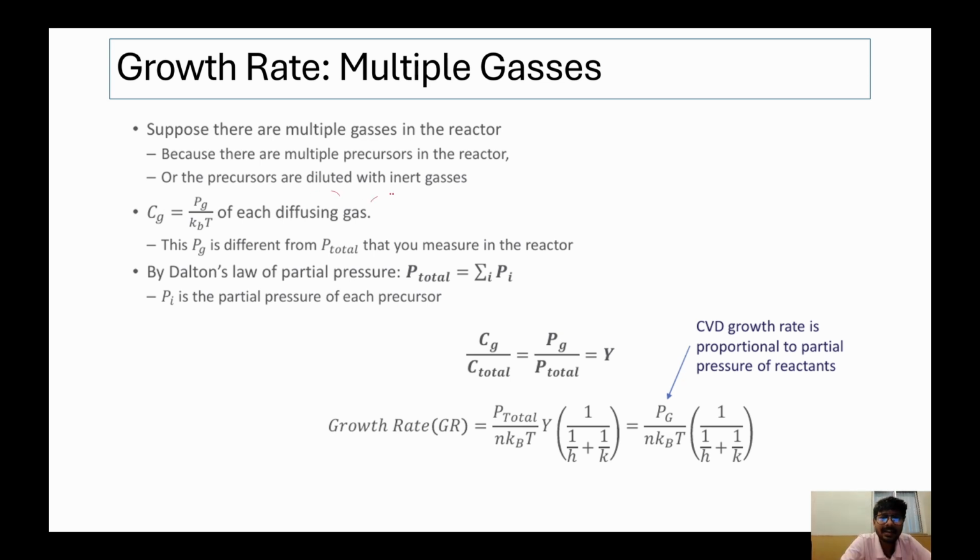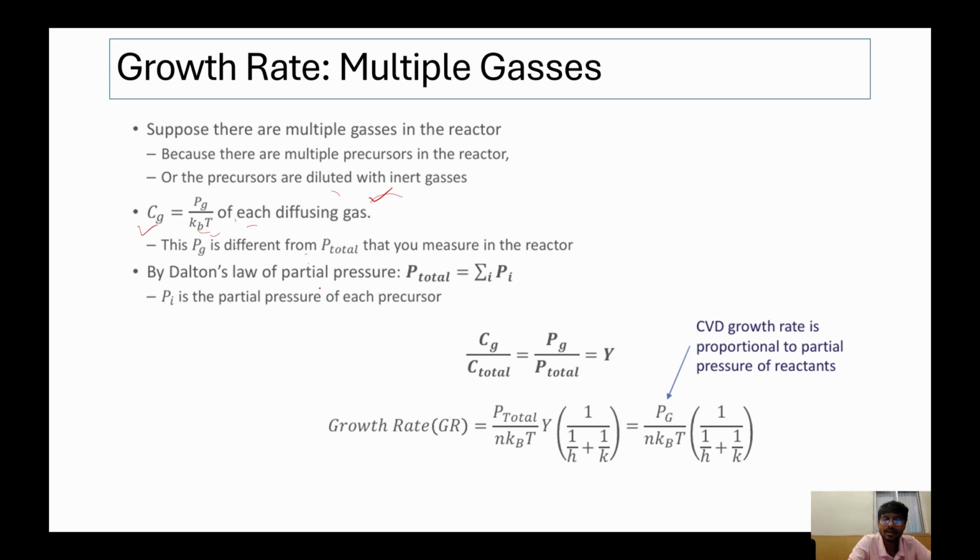The precursors are diluted with inert gases, and the concentration Cg is equal to Pg by kBT for each diffusing gas. Pg is different from P total. Pg is the partial pressure of the gas in the gas flow, in the chamber itself.